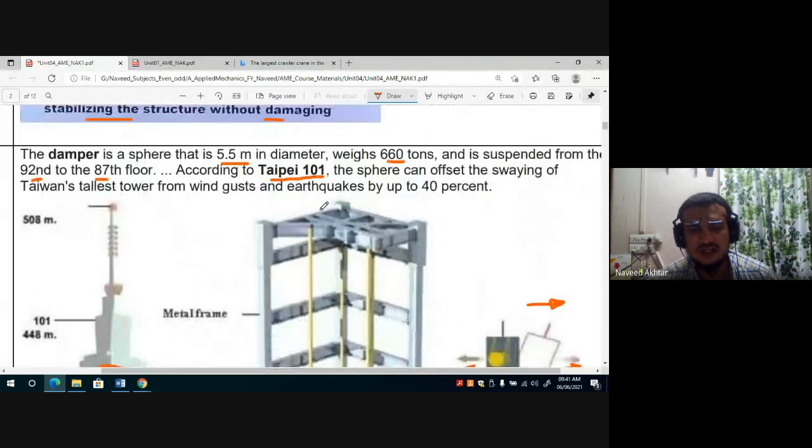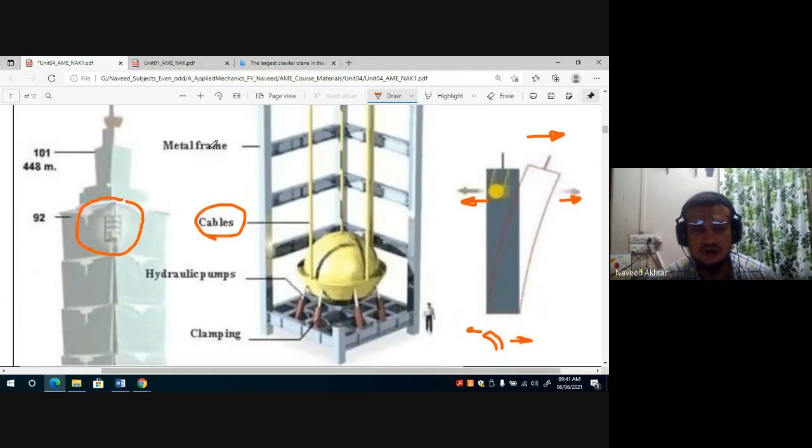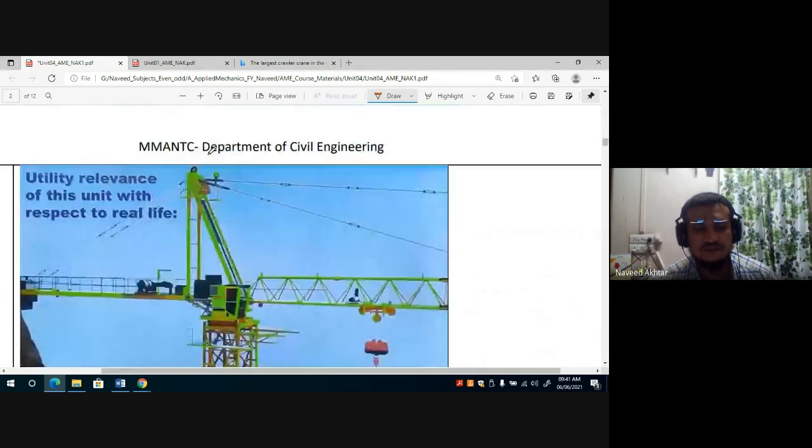So this tall building is adjusting, and it resists wind gusts and earthquakes by up to 40%. Those are the examples of balancing, or equilibrium.